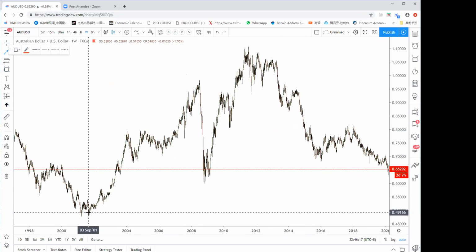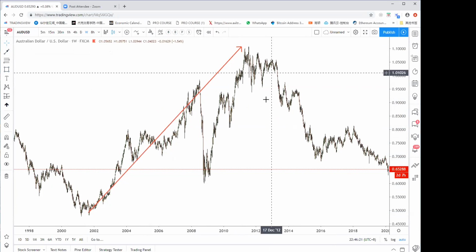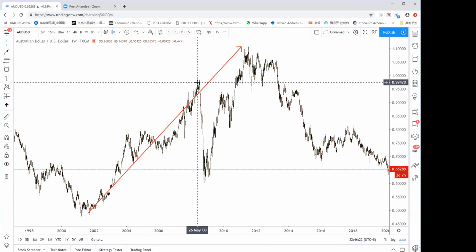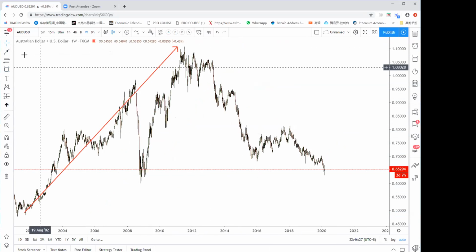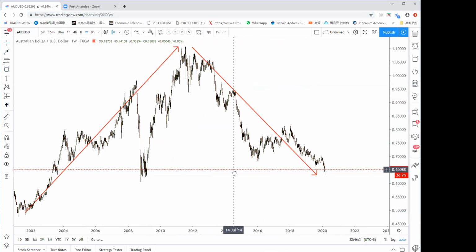The lowest is 0.5, the highest is 1.1. This doubles, right? A 200% move, and a 50% down. So this is totally different. Aussie Kiwi is not a pair for you to really invest in.